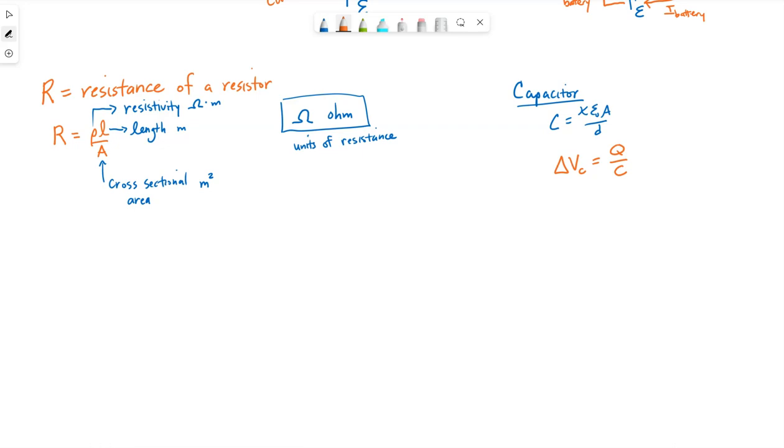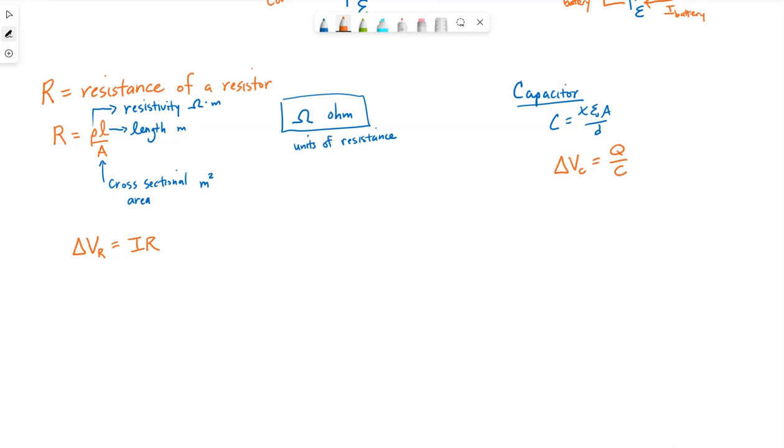Now again, I put a subscript of C on there to specifically designate that we mean the capacitor. If we come to our resistor, we find that the potential difference across the resistor itself depends upon how much current is flowing through it and the resistance of that resistor.